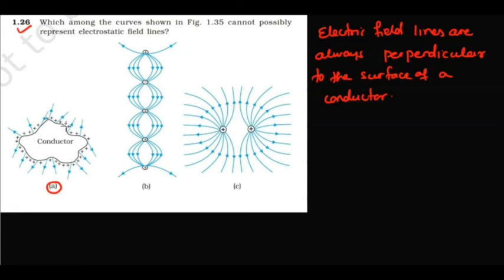And look at the diagram here. These electric field lines are not perpendicular to the surface. That's why this diagram is wrong. The electric field lines must be perpendicular to the surface of the conductor, and that's why this diagram is incorrect.